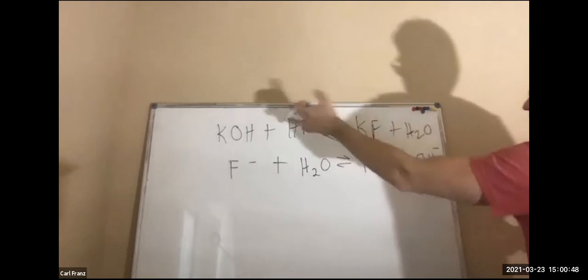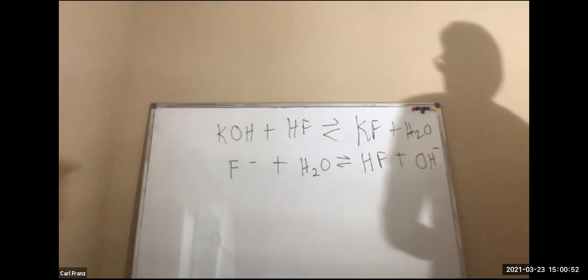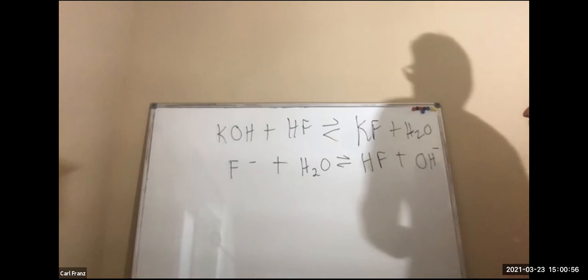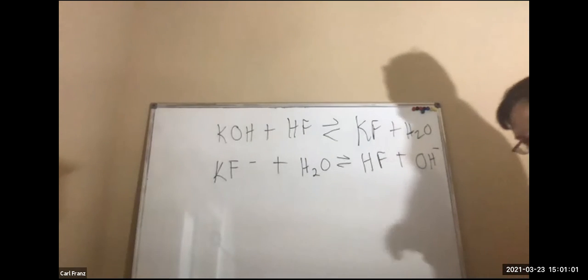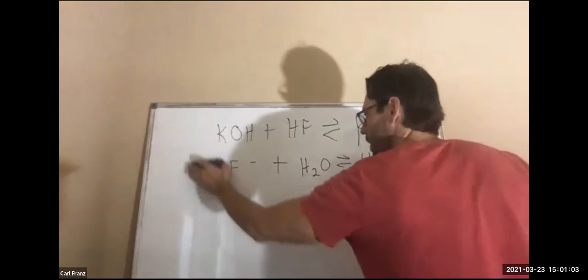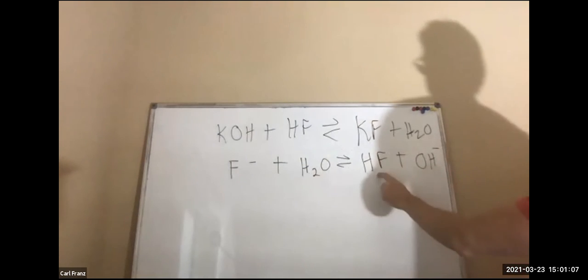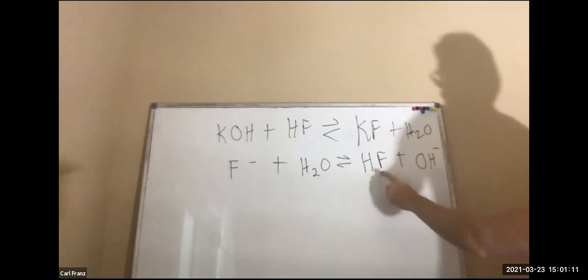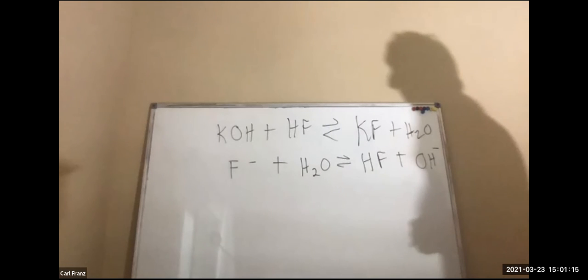I just inverted them to get our Kb on this side. Okay. And this is a question, like we could put the K on there, but really what we're looking at is this as the conjugate base of this, right? It's not HKF, it's HF. So that's why we just write it as F⁻ as the conjugate.